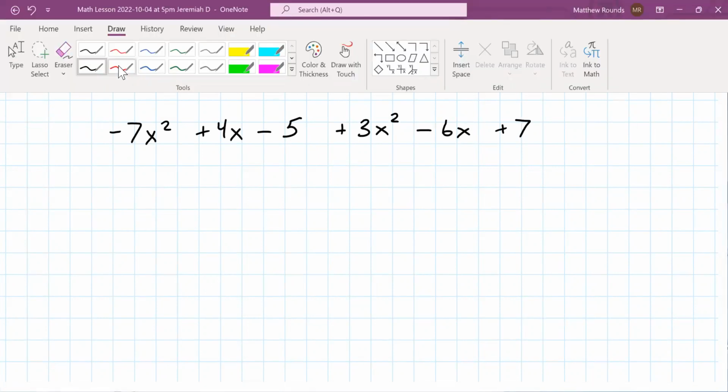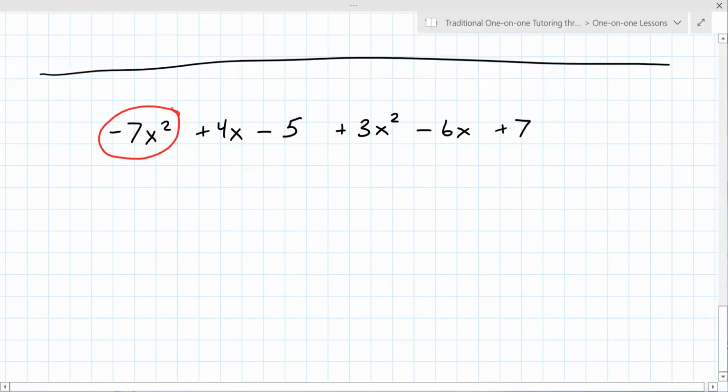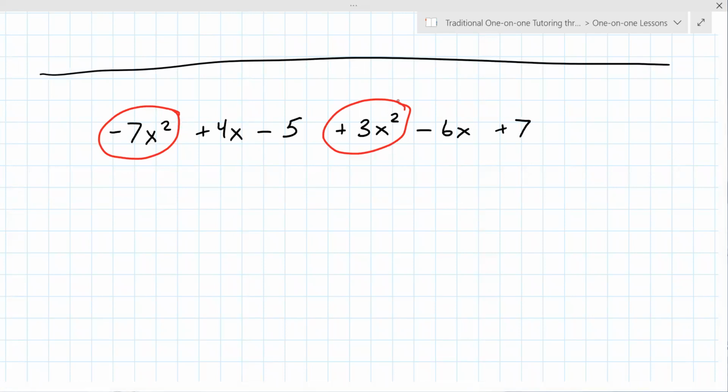So I want you to first combine the minus 7x squared plus 3x squared. Four x squared. Minus 7 is further from 0, so the answer has to be negative.